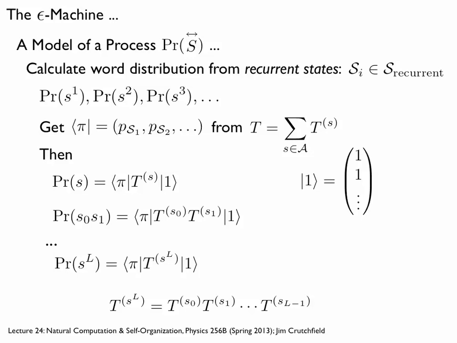The way we do this is, again, go back to the transition matrix that describes the causal state Markov chain itself, and calculate this left eigenvector normalized in probability, so that gives me the asymptotic probability of visiting the various causal states. I'm using Bra-Ket notation from physics here, but this is just a matrix product.